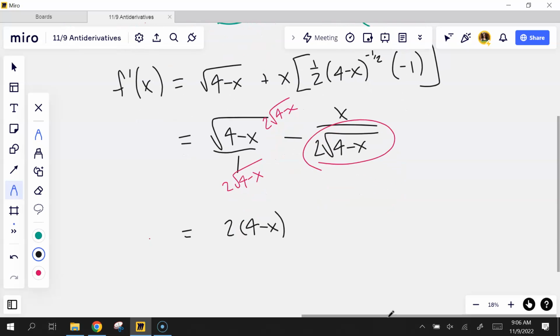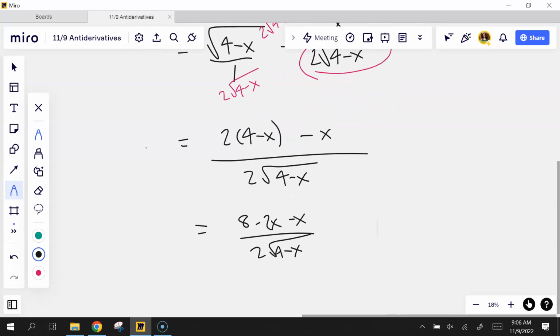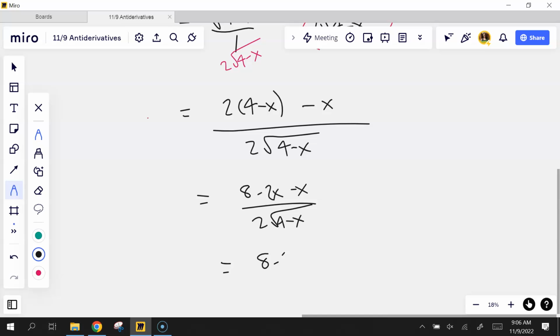4 minus x over 2 root 4. 8 minus 2x minus x. Is that right? Yeah. 8 minus 3x over 2 times the square root of 4 minus x.